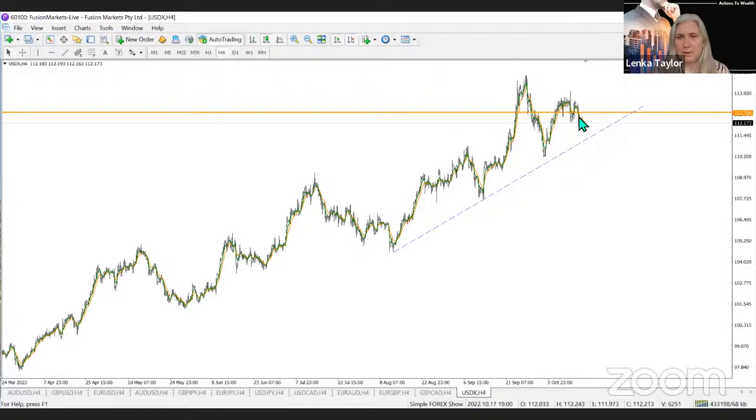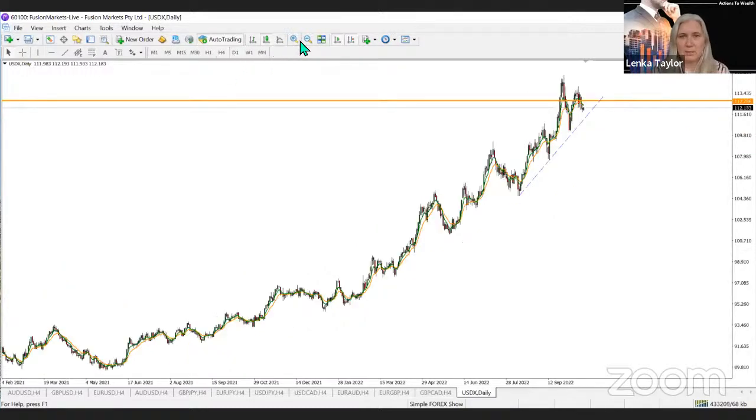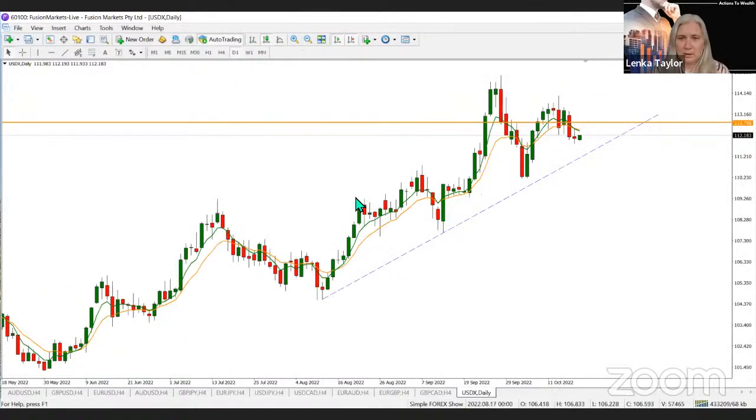So it could come to this trend line and bounce back up. I would be waiting for some kind of confirmation that it breaks below that. Even if we move this trend line to this level here, then really would want to see the price action below.